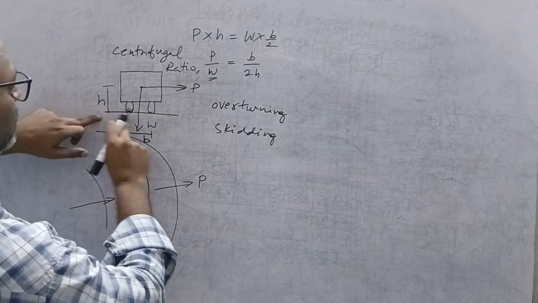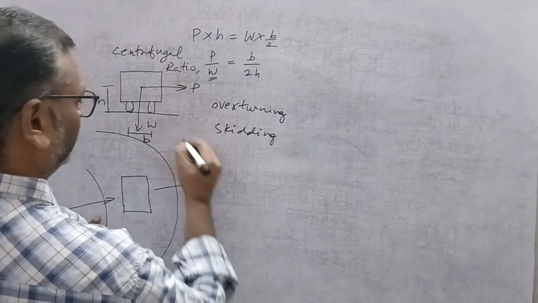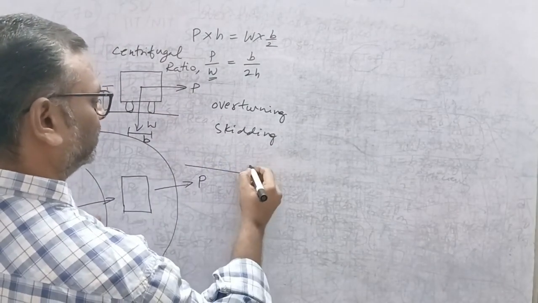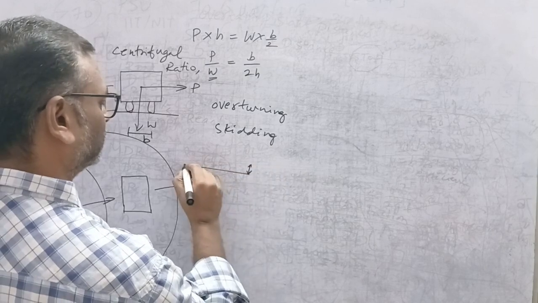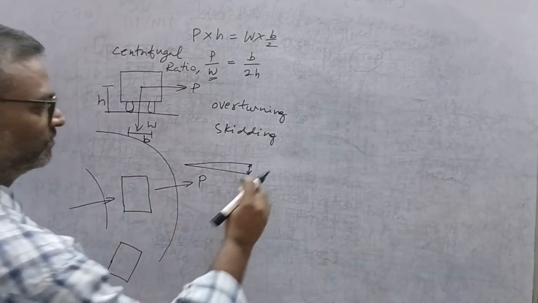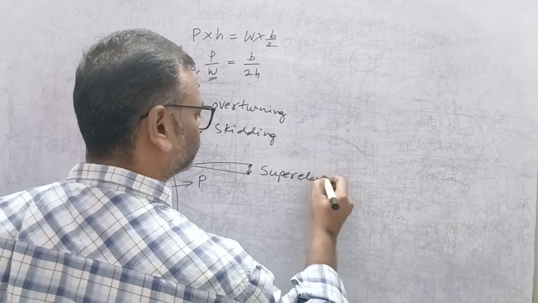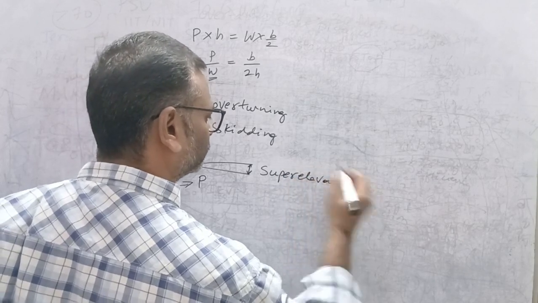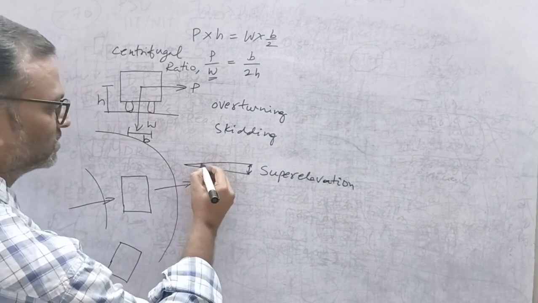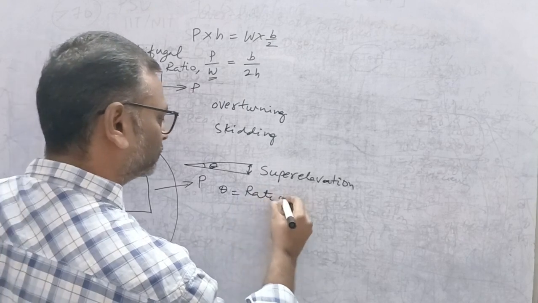The road is straight, but at the curves we keep the outer edge a little higher than the inner edge. This is called super elevation, and this angle is called the rate of super elevation.